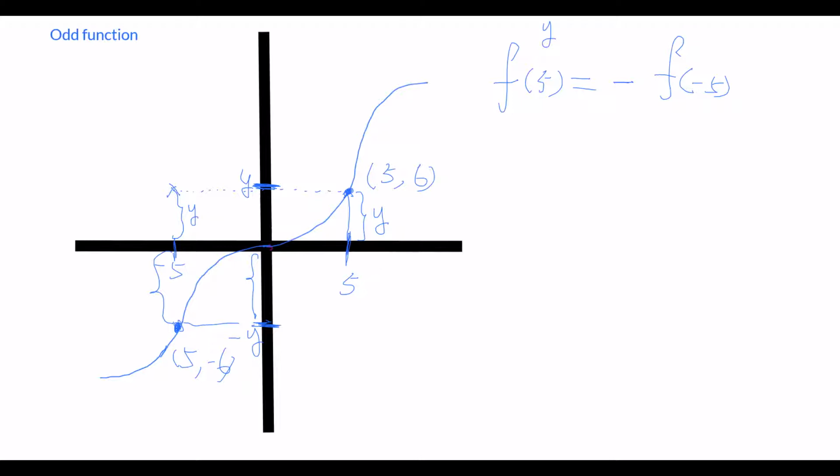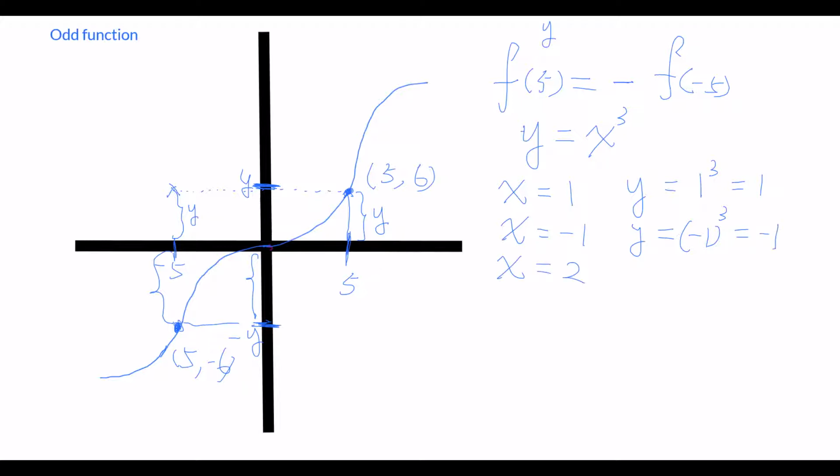Now, let me show you a typical odd function: y equals x to the power 3. If x is 1, y is 1 to the power 3, which is 1. But when x equals minus 1, y equals the cube of minus 1, which is minus 1. One more example.